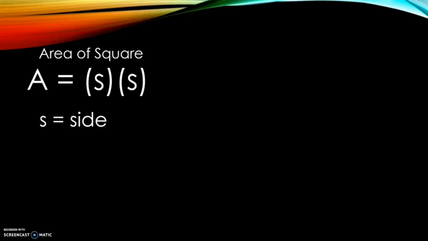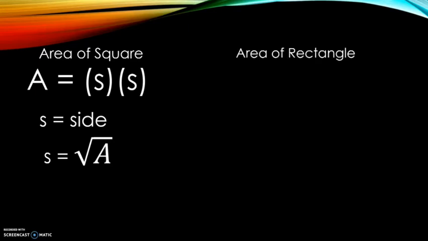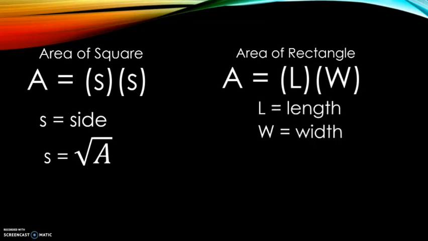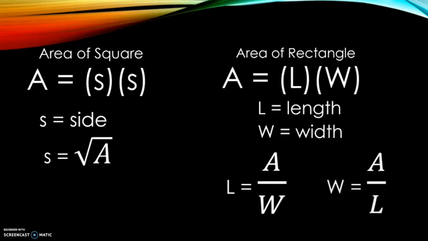We will use the formula S is equal to the square root of A. Area of a rectangle is equal to length times width, or L times W, wherein L is the length, W is the width. What if the unknown is length or width? We will use the formula length is equal to area divided by the width, or width is equal to area divided by the length.